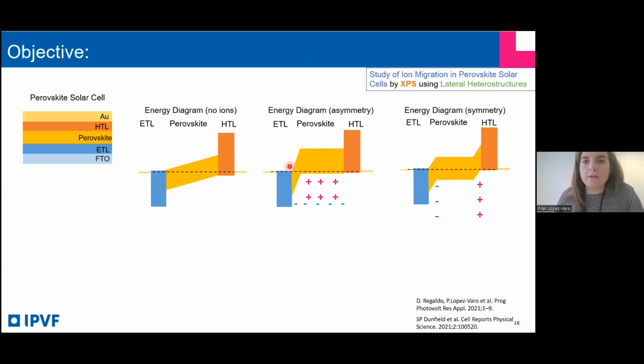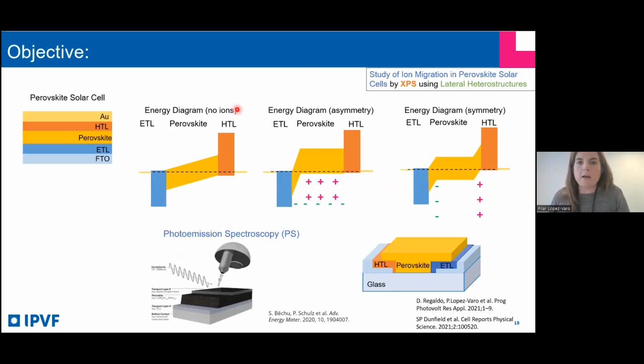We are then able to explain the scenario that we have, because we are able to measure the surface, using this photoemission spectroscopy in these devices.